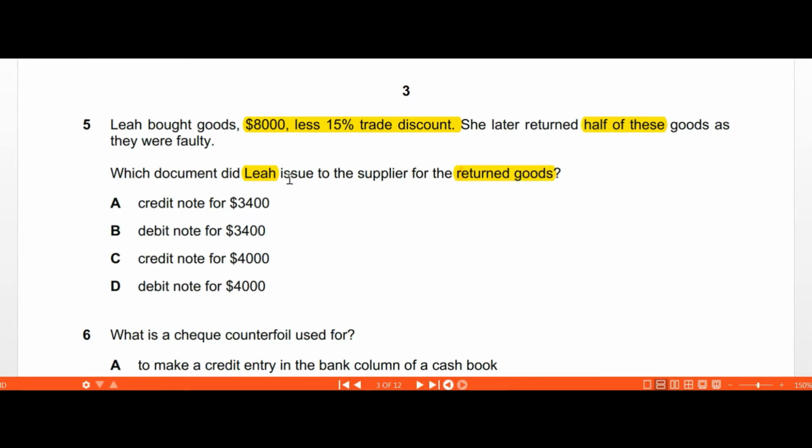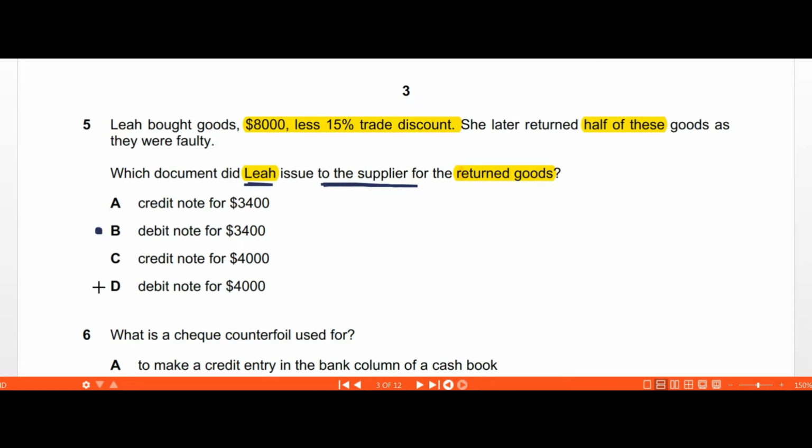So which document did Lee issue? Now we know Lee is the buyer over here, so issues to the supplier. So we need to give the name of the document. So that means we are talking about a debit note, because debit note is the one that the buyer issues.